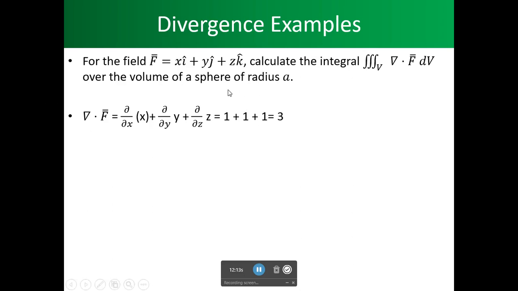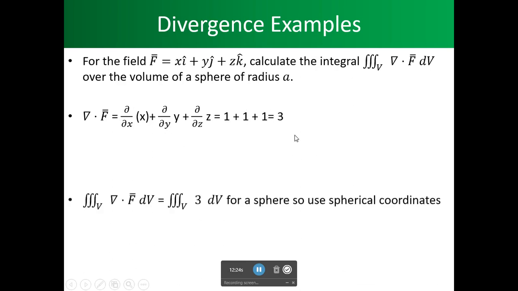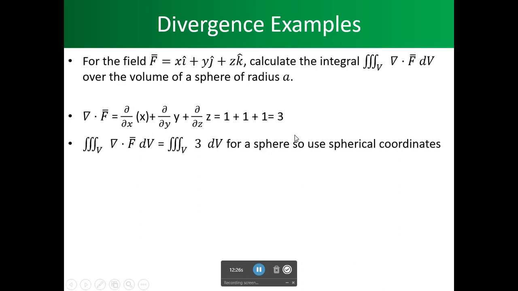And so when we take this equation, we look at the partial with respect to x. For x is going to give us 1, same thing for y, same thing for z. So it's going to add up to give us what? 3.